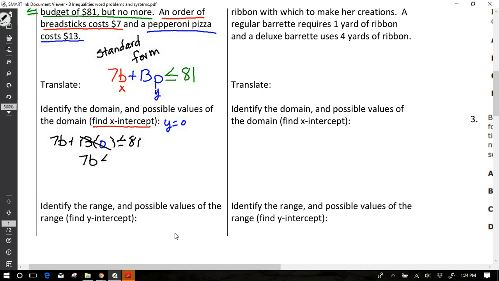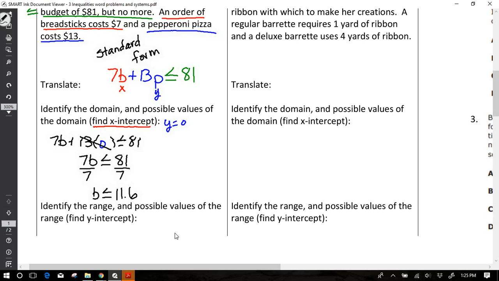If all she buys is breadsticks, how many can she buy? And the answer is 81 divided by 7, which is going to give me 11.6. But again, I want us to think about, can we buy half an order of breadsticks?